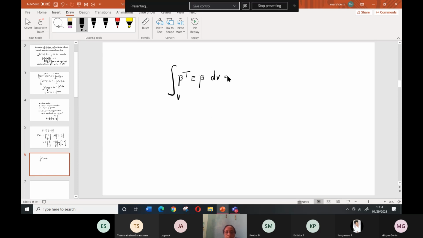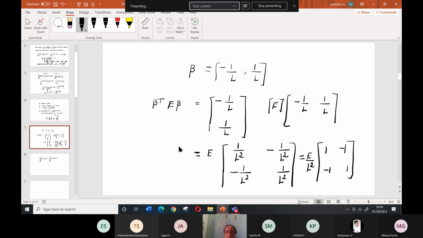Here it's a linear element, so let us take area into dx. That is beta transpose E beta into area into dx, since volume is equal to area into distance. When I try to substitute, we have already found the value of beta transpose E beta, that is E by L square.